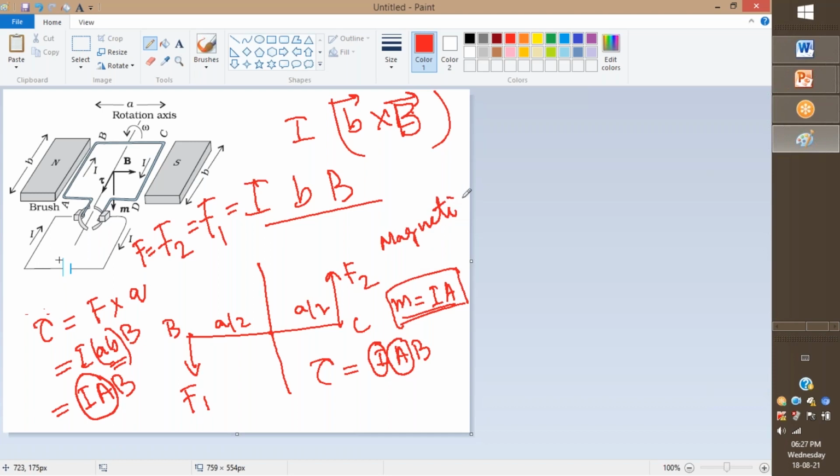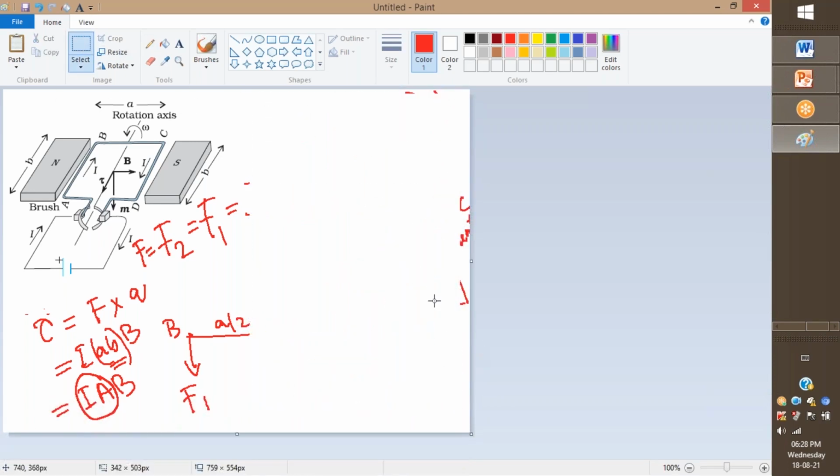So this current into area can be denoted by a small m, and in fact it has a new name. This is called the magnetic dipole moment.